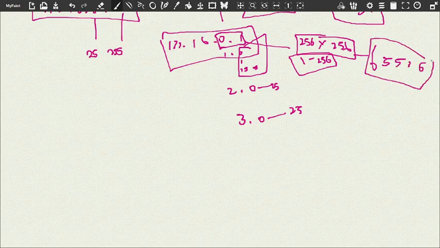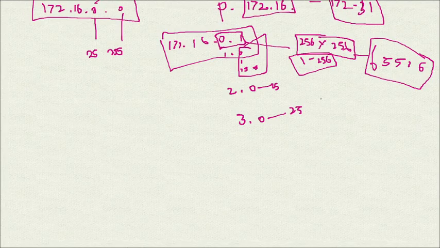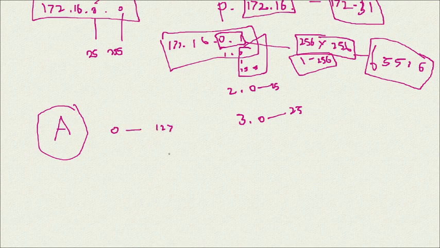Class B is a huge network. In class A, only one part is the network part and all the rest is host part. The class A range is 0 to 127, and the private IP range is 10. Only the first octet is the network part, and the other three octets are the host part.